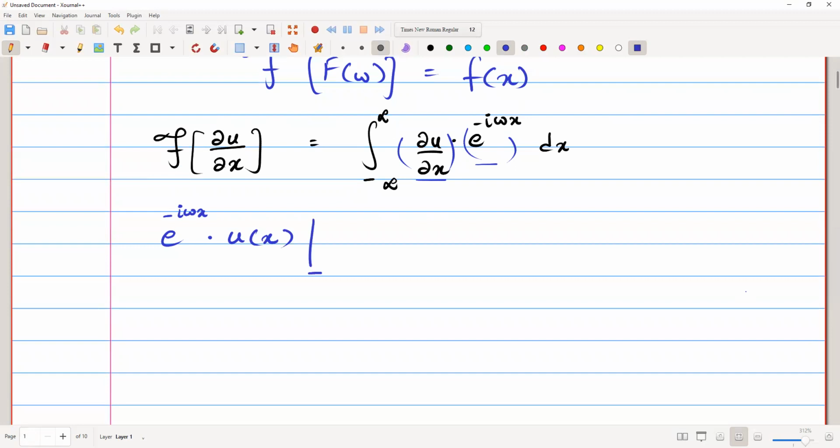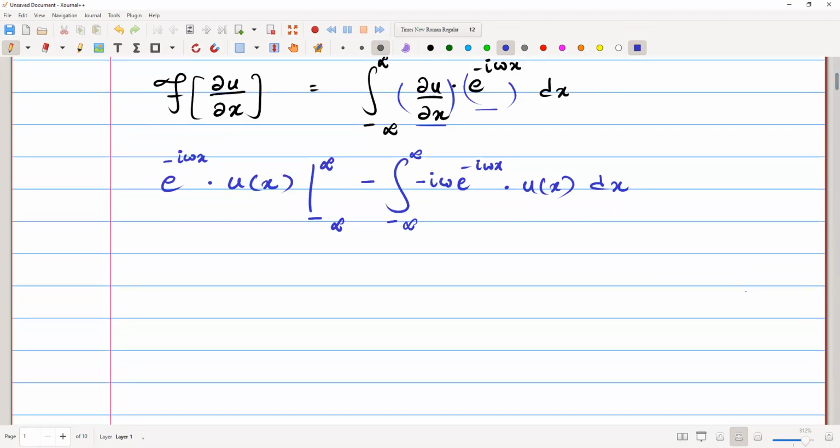And the limits are from negative infinity to positive infinity, then minus integral again, the derivative of this exponential function. It will be negative iota omega e to the power negative iota omega x times u of x, and dx, and again the limits from negative infinity to positive infinity.